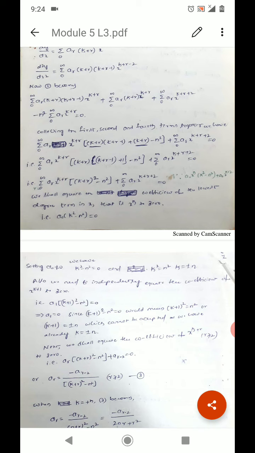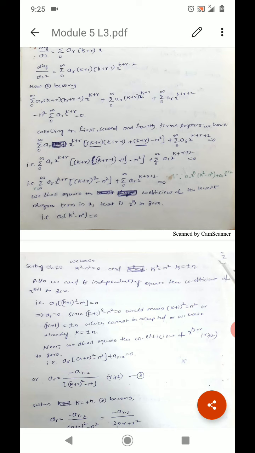Now we equate the coefficient of the lowest degree term in x, that is x power k, to 0. So here the coefficient of x power k becomes a naught of k square minus n square, which is equal to 0. So we can obtain this result by expanding the summation.